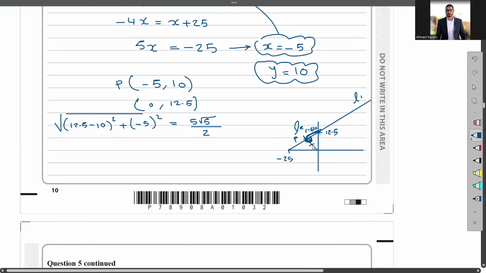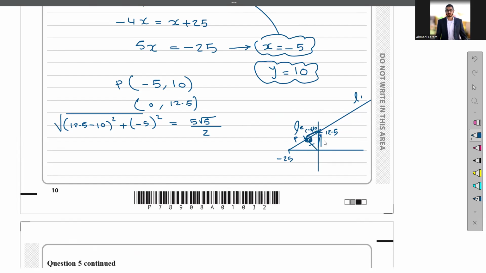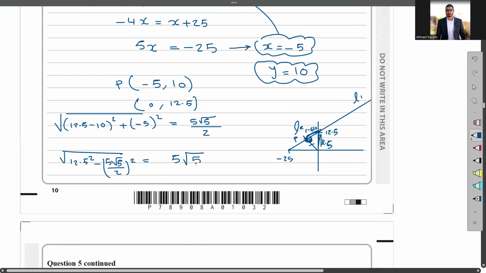So this distance, and we have this distance is 12.5. So to get this using Pythagoras, it's 12.5 squared minus 5 root 5 over 2 squared. So the square root of 12.5 squared minus the answer squared will be 5 root 5. This is the final answer.